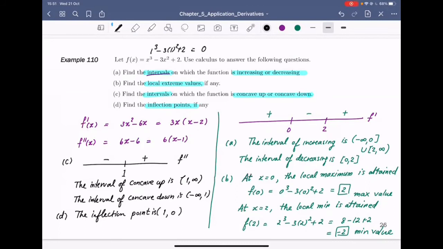So the inflection point is (1, 0). Sounds good? All right. Any questions? Hopefully you feel like this is doable and not that hard for you. This is supposed to be the easy one on the exam.